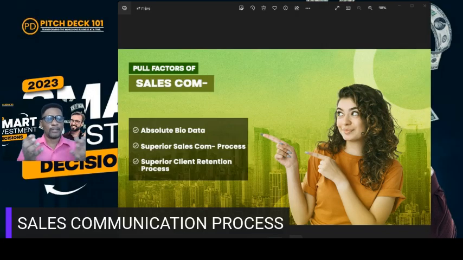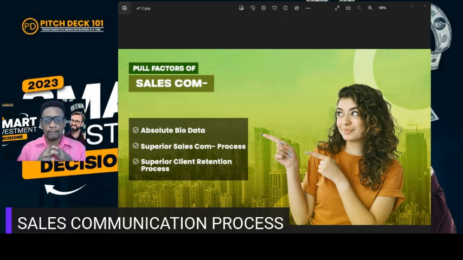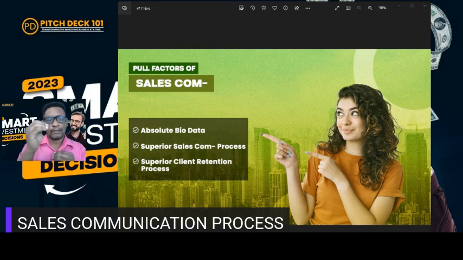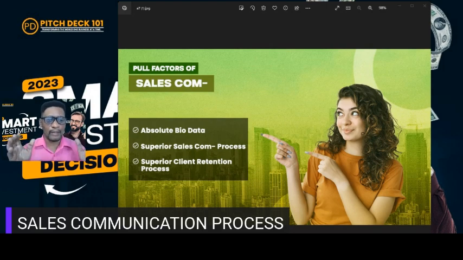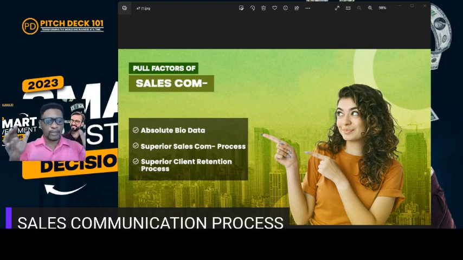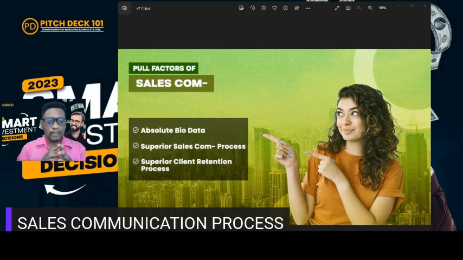So it is absolutely necessary to have this type of information. You see, people win in sales not because of luck, not because of accident, but because of understanding the biodata, the absolute biodata, and applying themselves effectively to the biodata. Absolutely necessary.